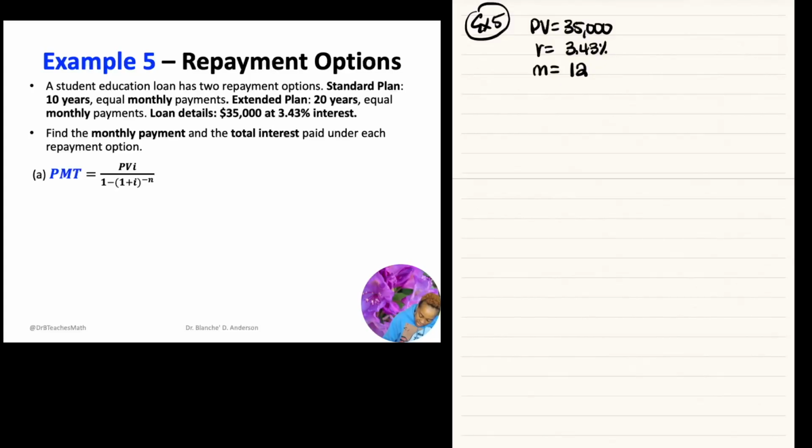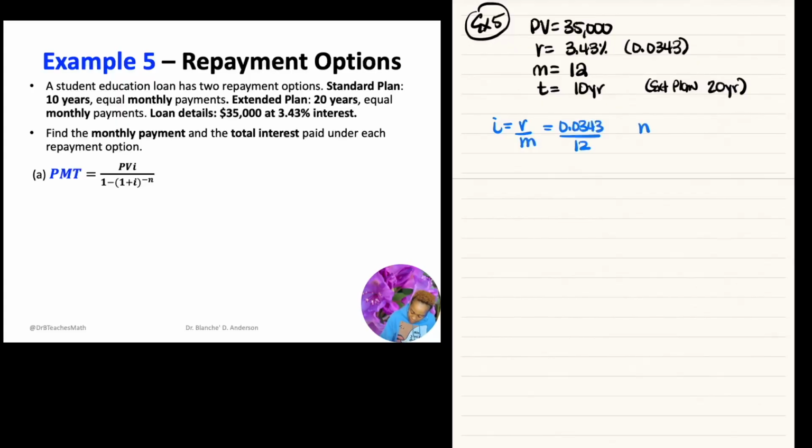And then for the standard plan, I'll do T. The standard plan has 10 years. And then I'll put the extended plan. They want us to do 20 years. Your I, this should be 0.0343. Okay. Your I is R over M, so it's going to be the same for both.